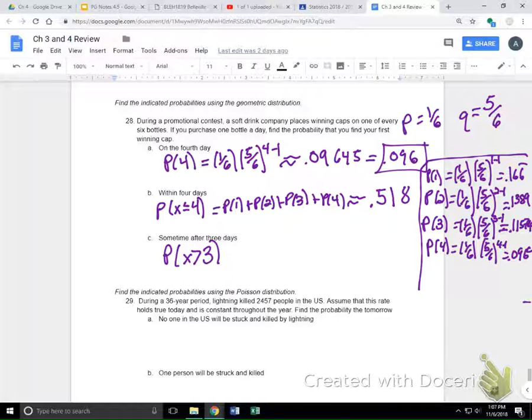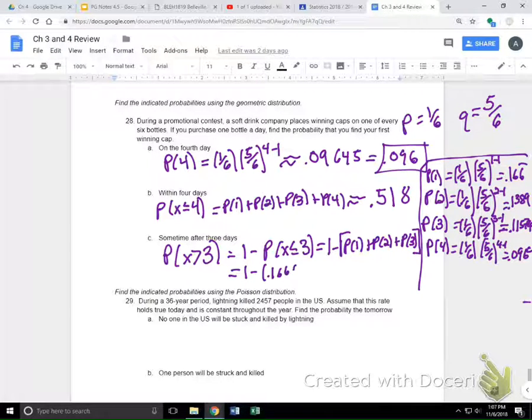Now we could calculate 3, 4, and then continue on, or we can do the complement. So 1 minus that complement, which is the probability that x is less than or equal to 3, which is equal to 1 minus the probability of 1 plus the probability of 2 plus the probability of 3. And we already did this math to the side, so this is why we did this one. It's a little more convenient.